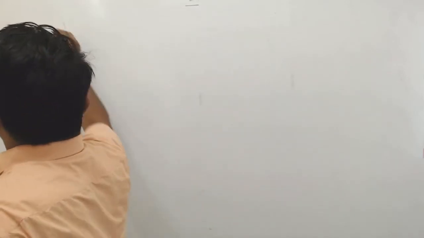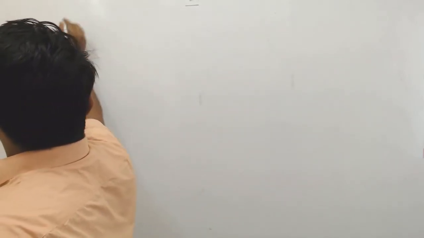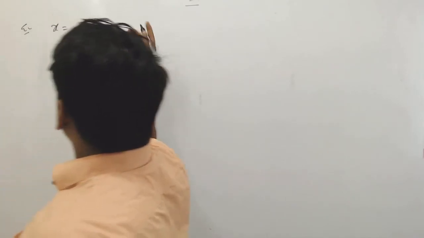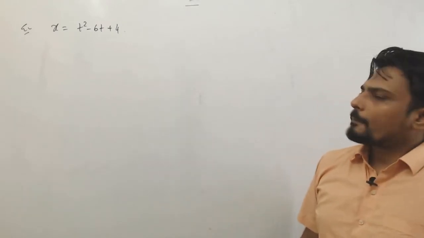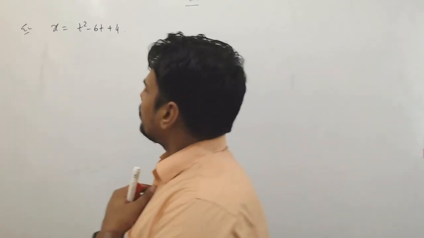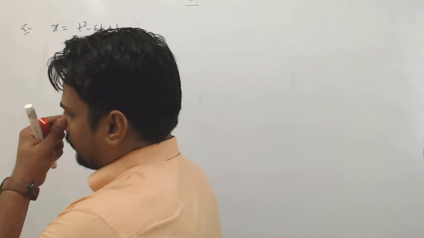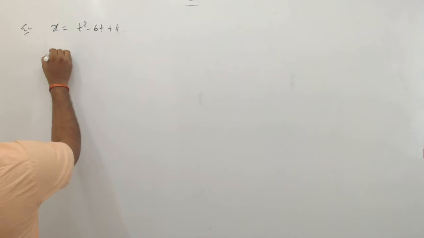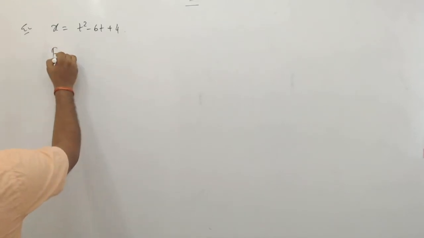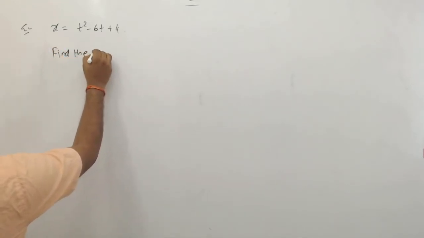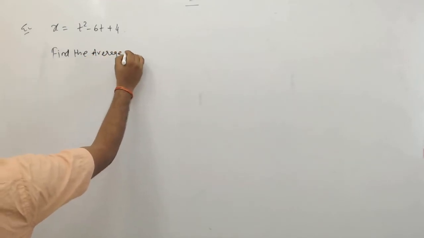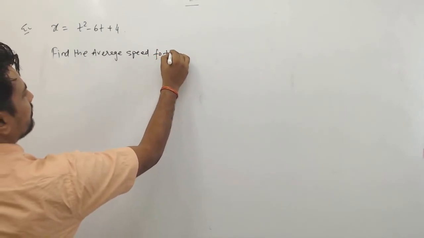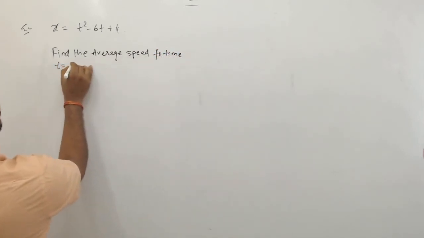Let's say I have the displacement or position vector given as, let's suppose, t square minus 6t plus 4. Aisa kuch de rakha hai. Okay, all good. Now this is the position of an object. You have to find the average speed for time t is equals to 5 seconds.